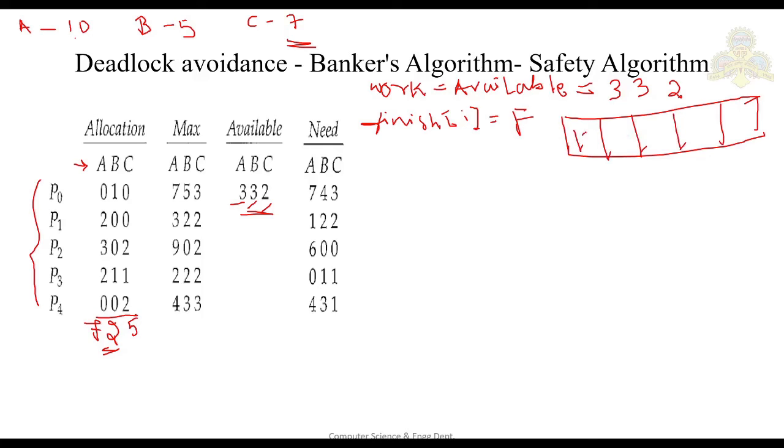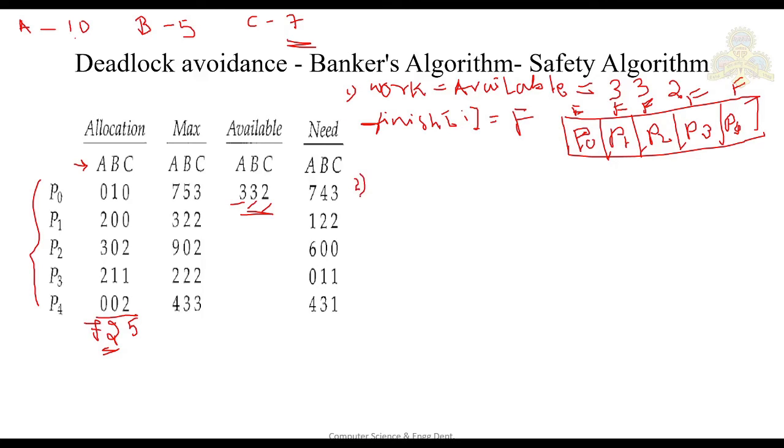I'll write here P0, P1, P2, P3 and P4. None of these are executed, that means all of these are false. Okay. So this is your first step in the safety algorithm.